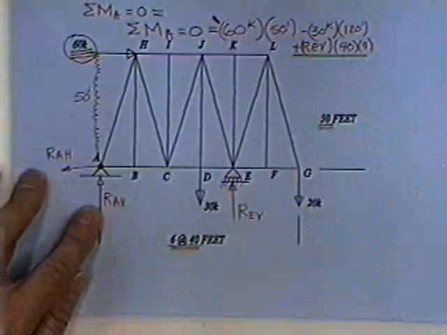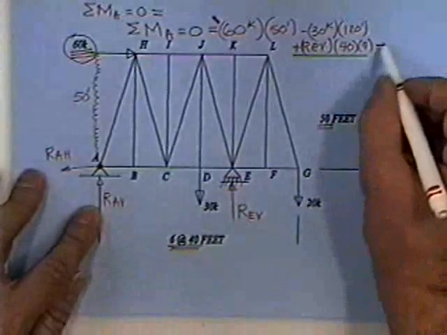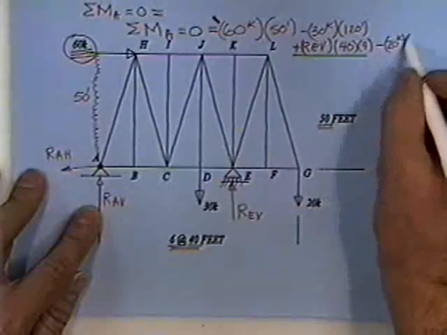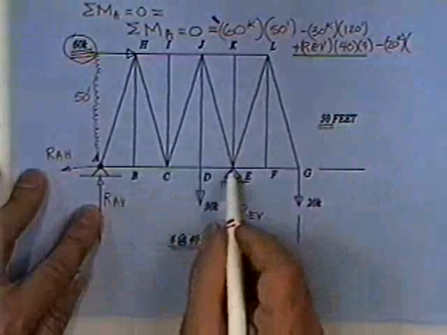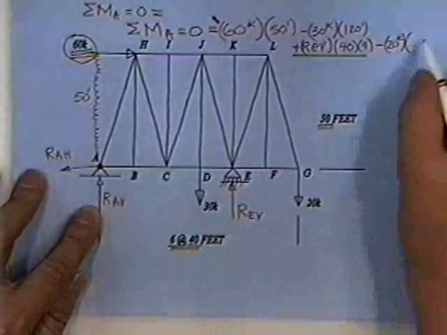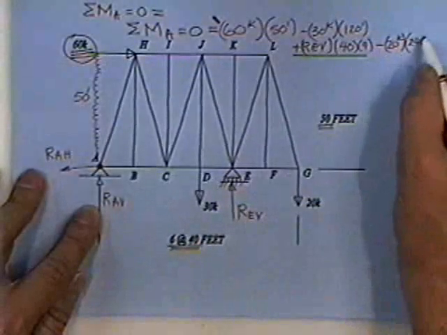I already got committed to the 40 there. And minus 20 kips times his moment arm, 1, 2, 3, 4, 5, 6 40-foot panels, 240 feet.